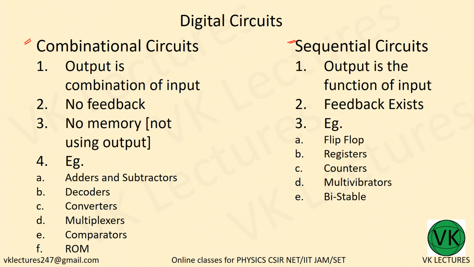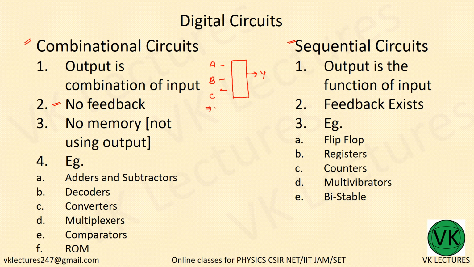Now what is the difference between the combinational circuit and the sequential circuit? If you consider three inputs A, B and C going through a circuit and it produces Y, the property is that it does not have feedback.